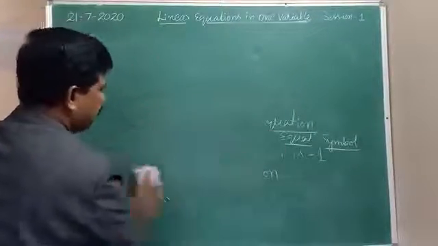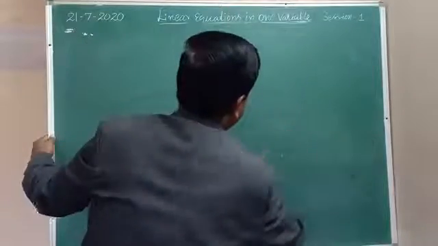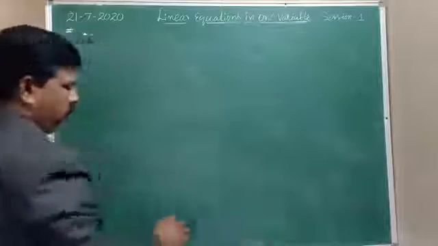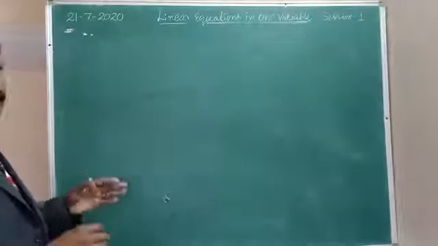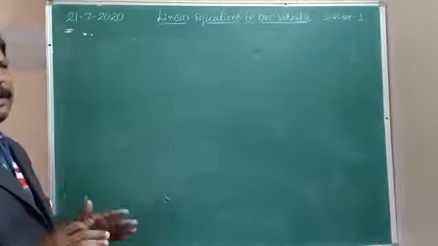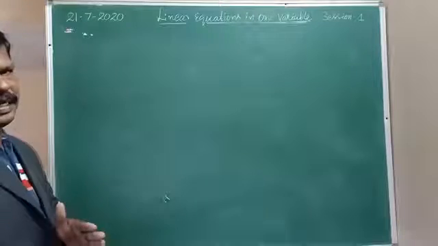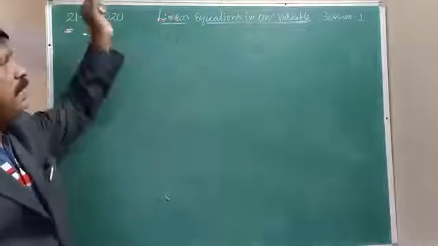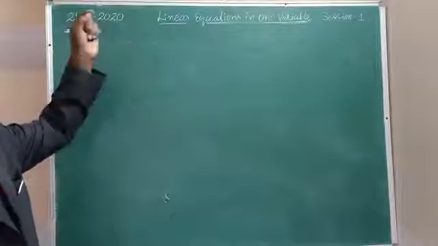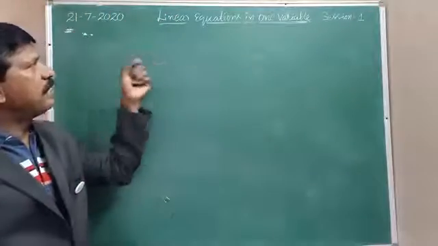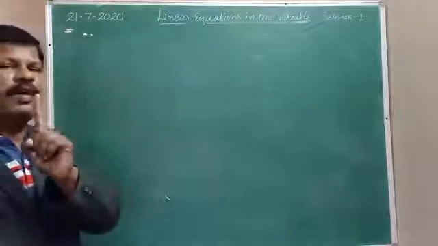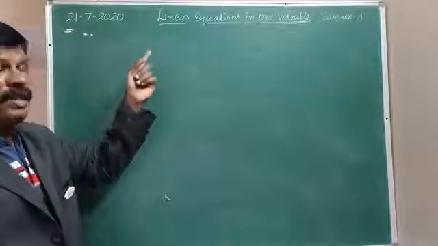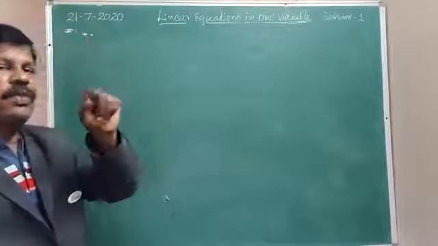What is an equation? An algebraic expression consisting of an equal symbol. An equation is an algebraic expression with an equal sign. Then in that equation, the algebraic terms consist of only one variable with its power 1.